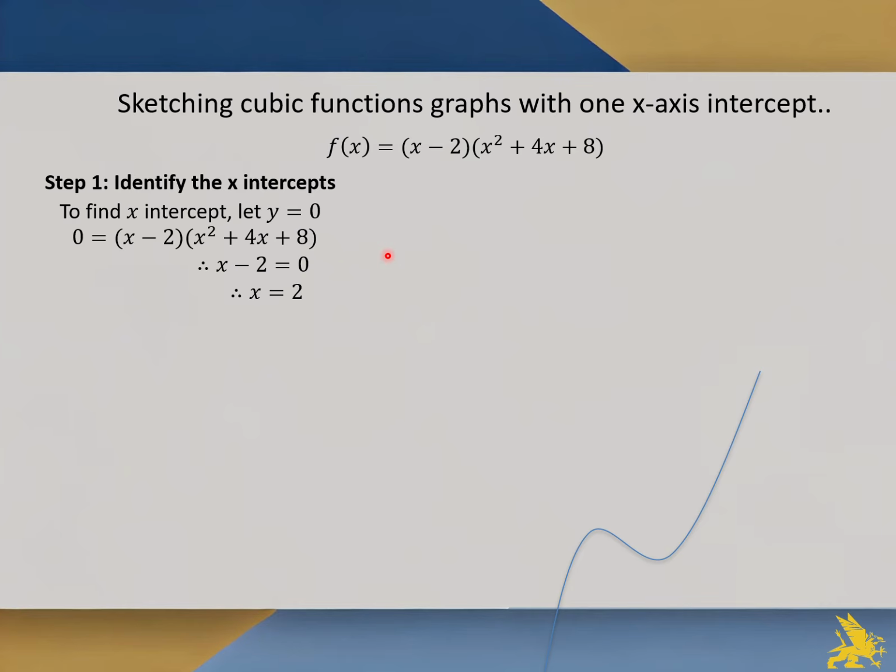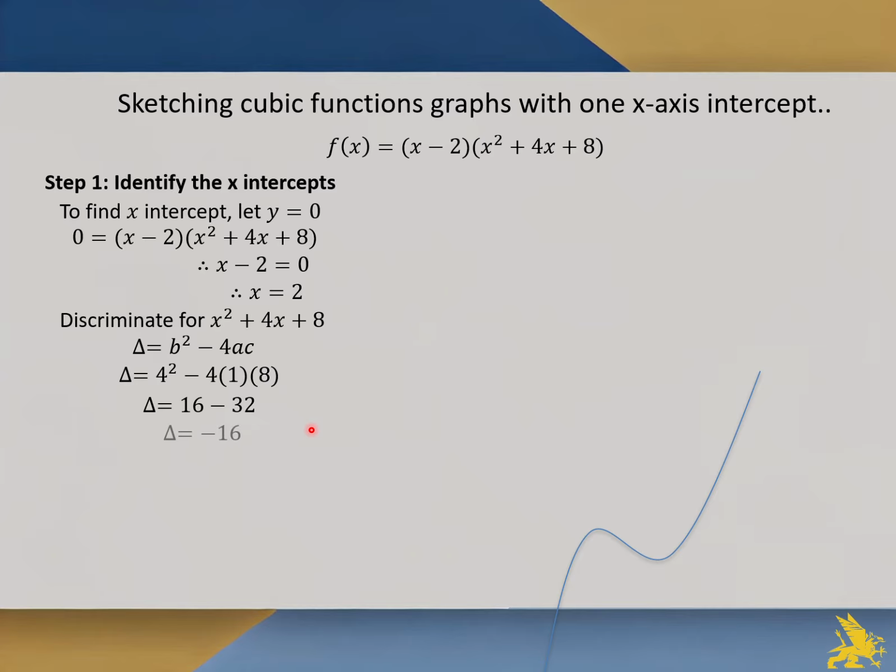The second one is we've got a quadratic. So just to check, because we've already been told that it's one x-axis intercept, I'm going to use part of the quadratic formula to work out whether I am able to factorize it. So I'll use b squared minus 4ac. b is 4, a is 1, and c is 8. 4 squared is 16. 4 times 8 is 32.